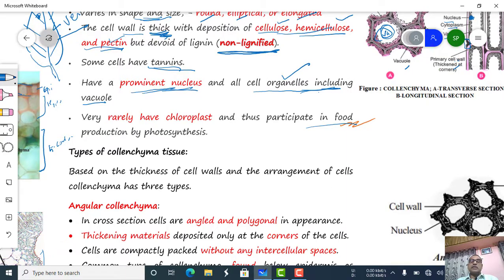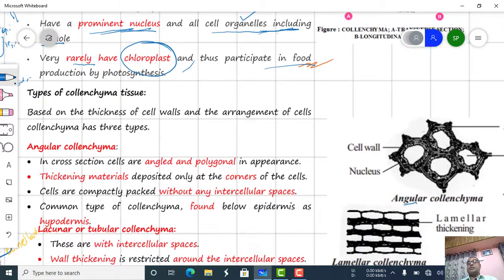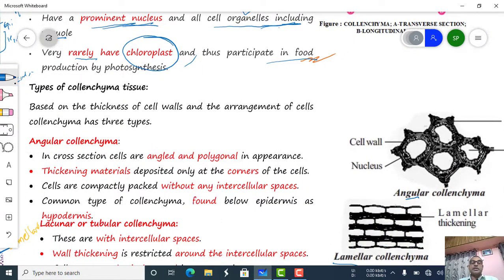These are the cells that possess cellulose, hemicellulose and pectinous substances. If chloroplast is present, it participates in the process of food preparation.